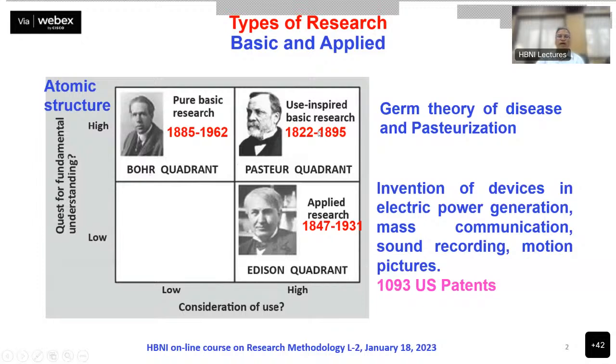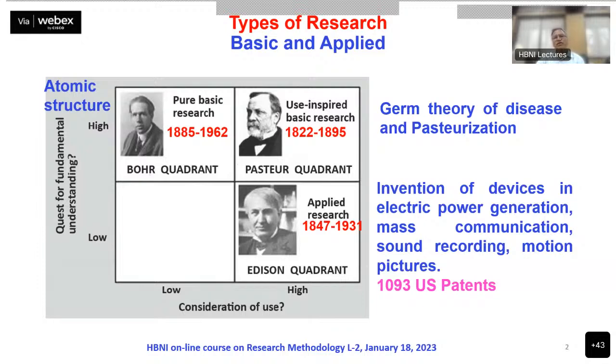And the top right is the Pasteur's quadrant. Yesterday I explained Louis Pasteur's germ theory, how he understood that fermentation is caused by microorganisms, and that they get killed when you heat the substance at 60 to 100 degrees Celsius. From the basic understanding of the germ theory, he gave the process of pasteurization.